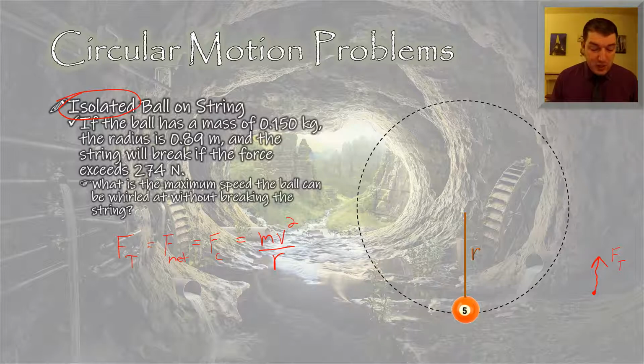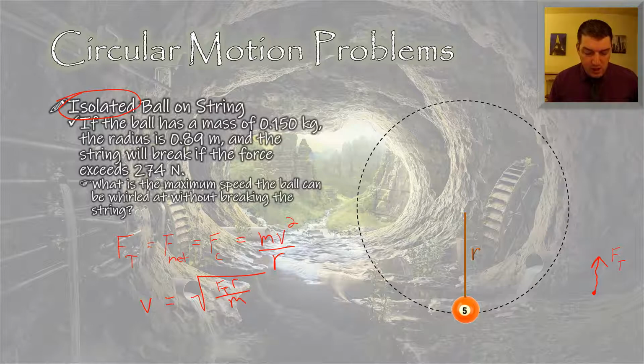We're given information about the mass, the radius and the maximum force. When it asks what's the maximum speed the ball could be whirled at, we solve for v: if F_T equals mv squared over r, then v equals the square root of F_T r over m.